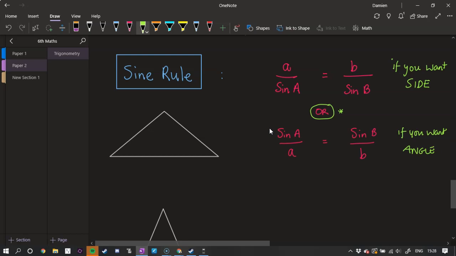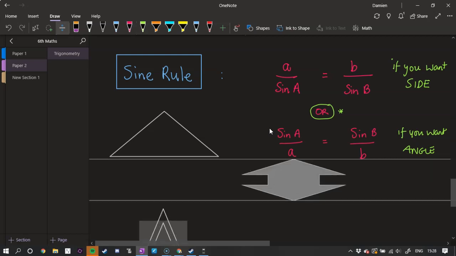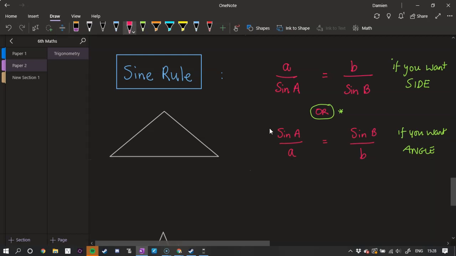A couple of things about the sine rule. When you do the sine rule, you're going to generally have four things. You're going to have an angle that you know, and you're going to have a side that you know, and these two are going to be opposite each other.